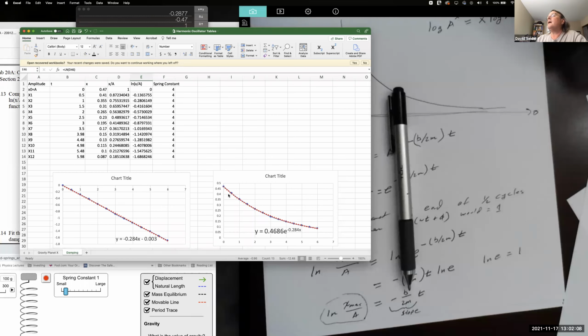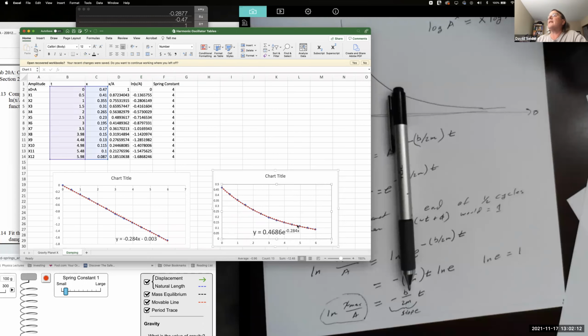Here is, if I just do the exponential and fit that line, here's my nice straight line. So this is like my plot of ln of x over a, and here's just my plot of x. So here's a plot of x versus time.